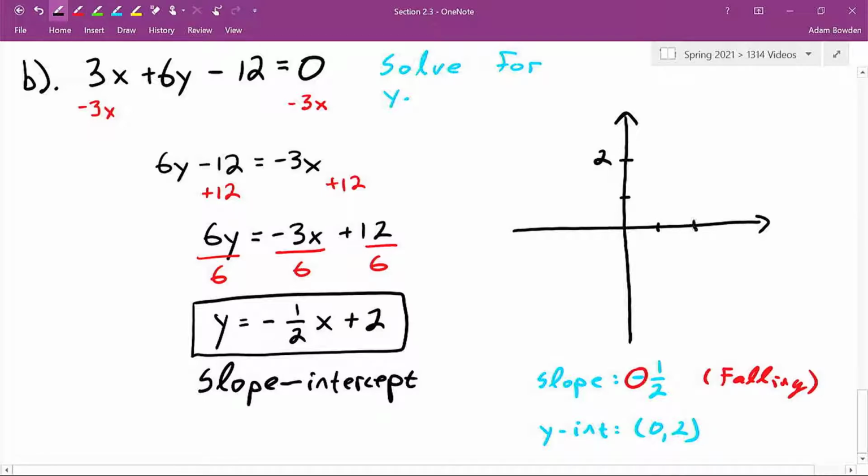To find another point, starting from the y-intercept, if I go forward by 2, then it goes down by 1. So that gives us the second point to draw the line through those 2 points.